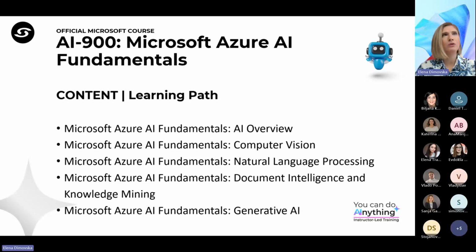AI 900, as you saw in our comparison report, is a fundamentals course, and you can learn there about an artificial intelligence overview, and each and every discipline that we have in artificial intelligence, computer vision. There we can learn more about natural language processing, document intelligence, and knowledge mining. Of course, about generative AI, we cannot do anything without this revolution which generative AI created with those GPT models and the democratization of artificial intelligence exactly with those applications.